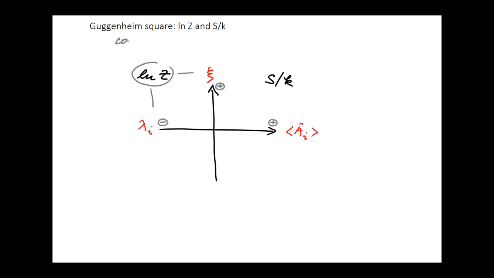So a corner has the adjacent sides as its natural variables. So this is what this means. This is the first piece of information that you can extract from this scheme. And likewise, the entropy has as its natural variables xi and the expectation values.